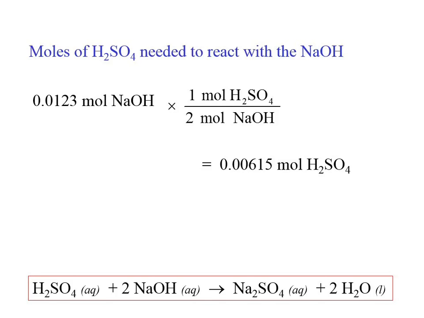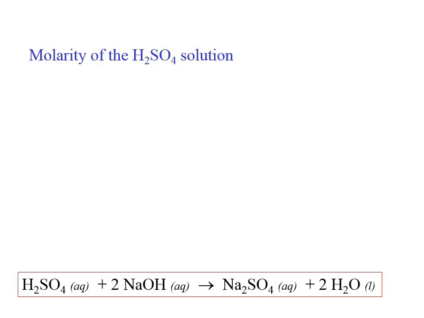And then if you've kind of diagrammed it, it makes more sense to me to look back at the original, what you're after. So now you have moles, and that's in 25.0 milliliters, and you're after molarity. So all we've got to do is divide that moles by the 25.0 milliliters to get molarity.